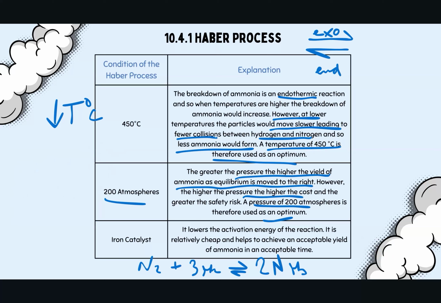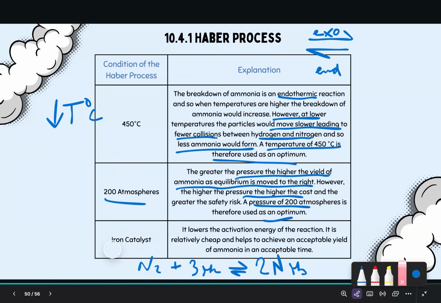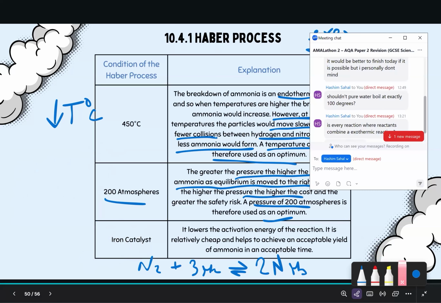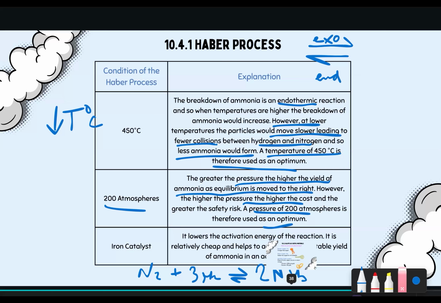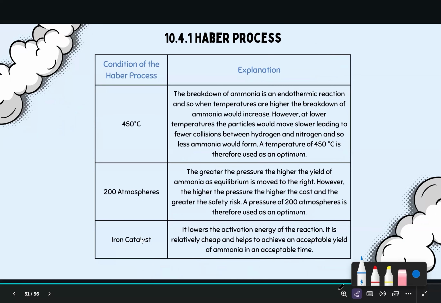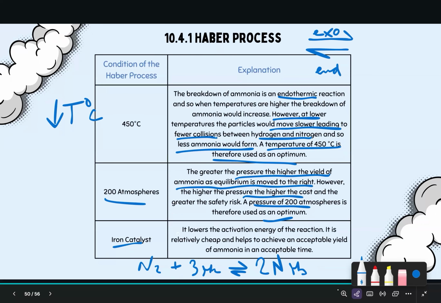And the last thing that's added is the iron catalyst. So why is the iron catalyst added? The iron catalyst lowers the activation energy of the reaction, is relatively cheap, and helps to achieve an acceptable yield of ammonia in an acceptable time.